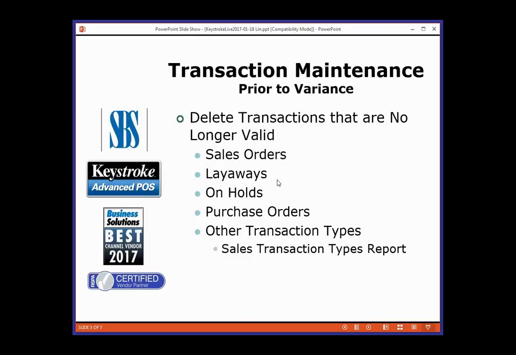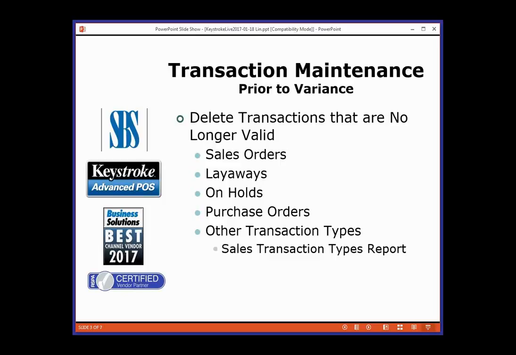Could also have old layaways or on holds or purchase orders. All of these transactions, plus other transaction types, can change the quantity on hand as well as change the allocated, layaway, or on order amount. So there are other transactions that can do this as well.